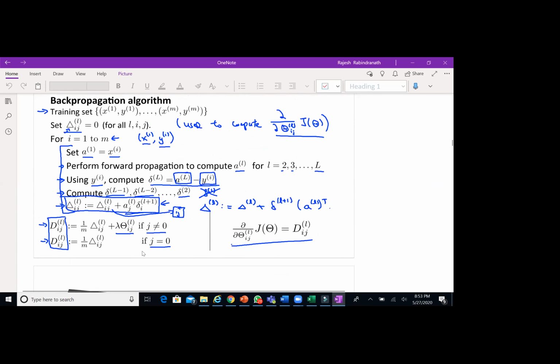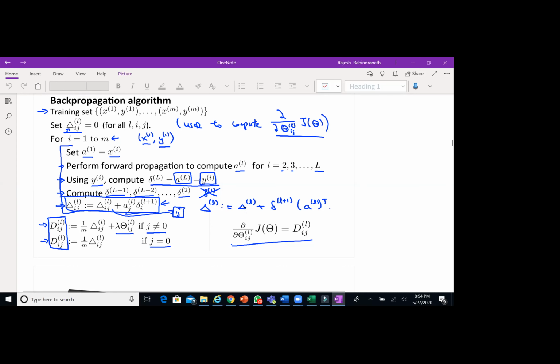So here we calculate the first value and iterate to the second value. When you do the second iteration, there is already a value for this, and the next error will be added here. And finally, when you iterate over all the values, you get the final capital delta L.